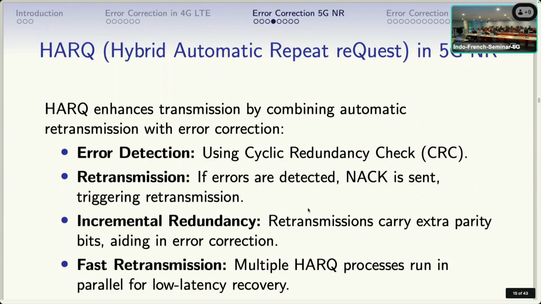And HARQ follows a similar strategy: error detection, then retransmission. Here incremental redundancy has been introduced, which essentially calls for an incremental retransmission. In 5G it is used in a minimal sense, where only some additional packets or additional data will be provided.